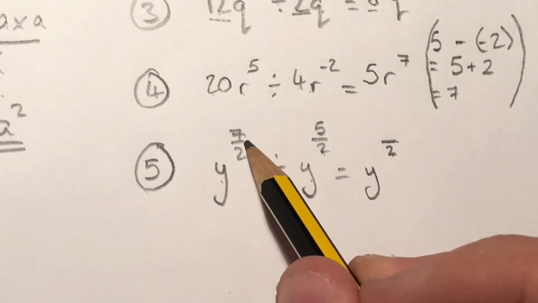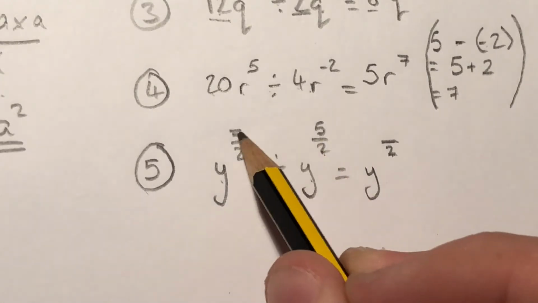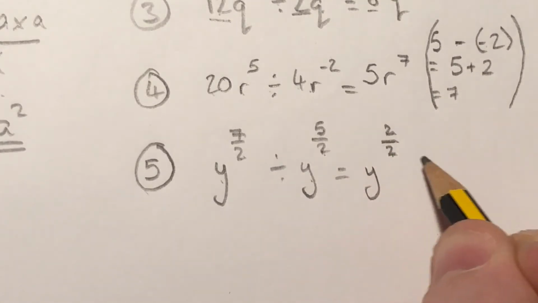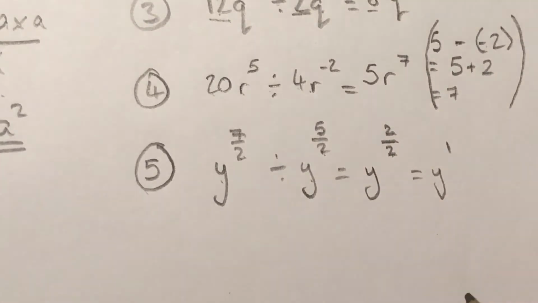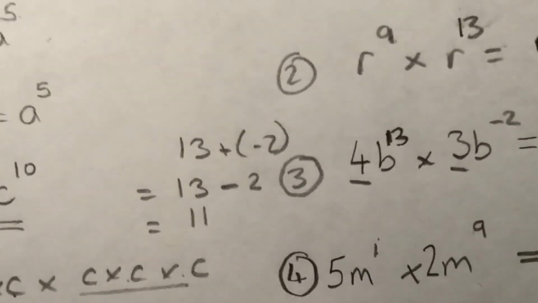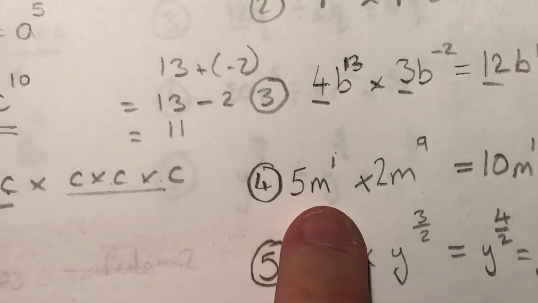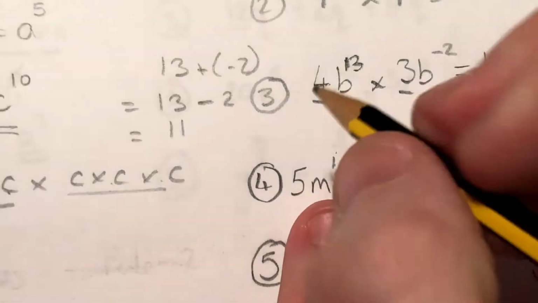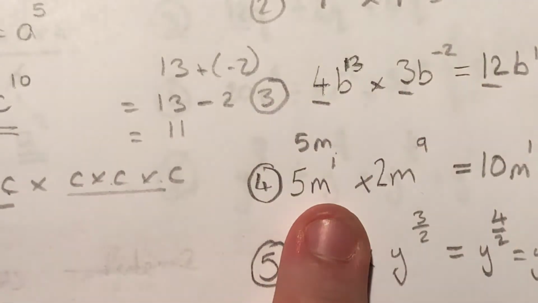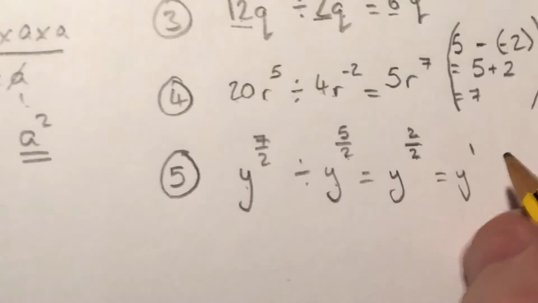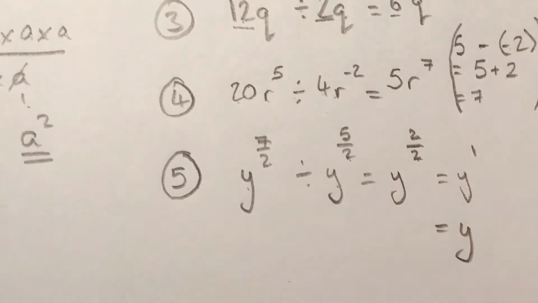Then, because the denominators are the same, we just subtract the numerators. 7 minus 5 is 2. We know that 2 divided by 2 is 1. But as we saw in the previous example, when we looked at 5m, if it's just 5m on its own, or 5m to the power of 1, we know that this was just the same as 5m. So we don't need to be putting the power of 1 on this. We can just rewrite this as being y.